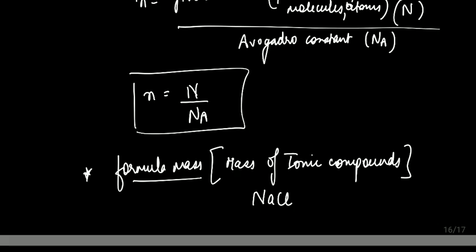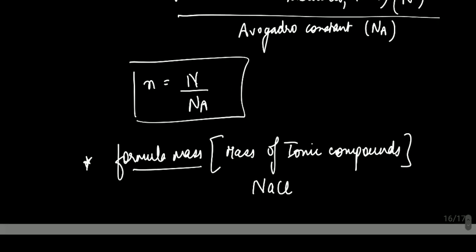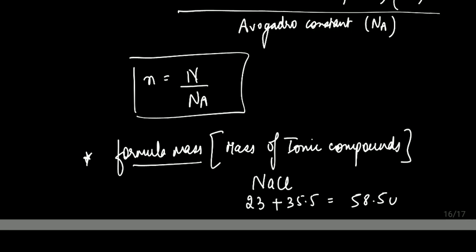So for NaCl, for one particular unit, what's the mass? The calculation of its mass is the same as what we calculated for molecular mass. It's not different, but the naming is different. We are never going to call it the molecular mass of NaCl, we call it the formula mass. Sodium is 23 gram atomic mass and chlorine is 35.5. If you add them, it gives 58.5 u, or you can write grams, whatever the question asks.